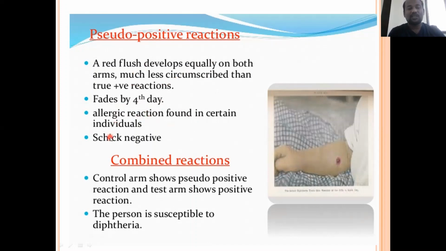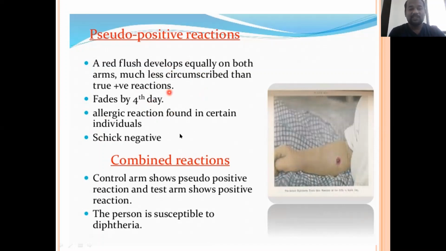That shows Schick negative. So the pseudo-positive reaction shows Schick negative. The individual does not require toxoid vaccine, as that person is immune against Corynebacterium diphtheriae.